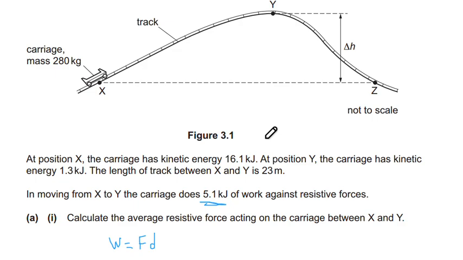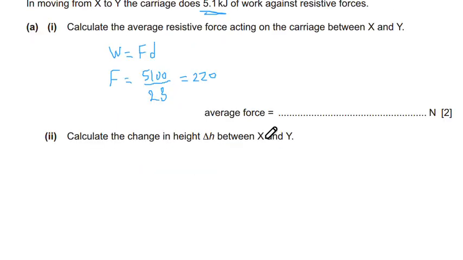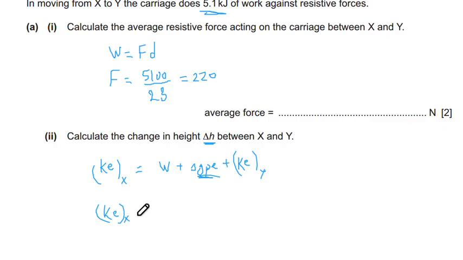So KE at point X should equal work done against resistive force plus increase in GPE plus the remaining kinetic energy at Y. If we want delta H, we want delta GPE to be the subject, so kinetic energy at X minus work against friction minus kinetic energy at Y, all divided by mg. This gives delta H directly.